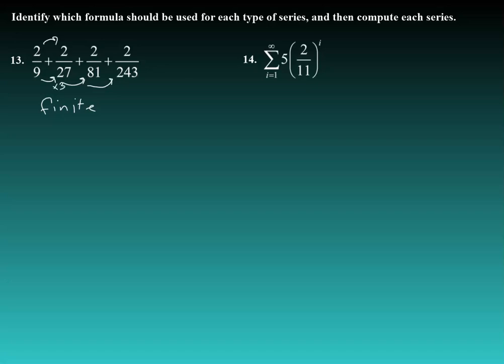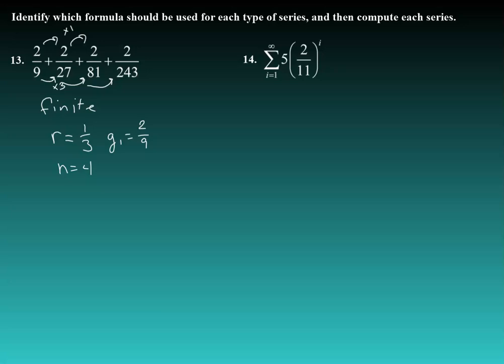And the top isn't changing, so we're multiplying by 1. So that means that r is equal to 1 over 3, g1 is equal to 2 over 9, and there's 4 numbers in this series, so n is equal to 4.